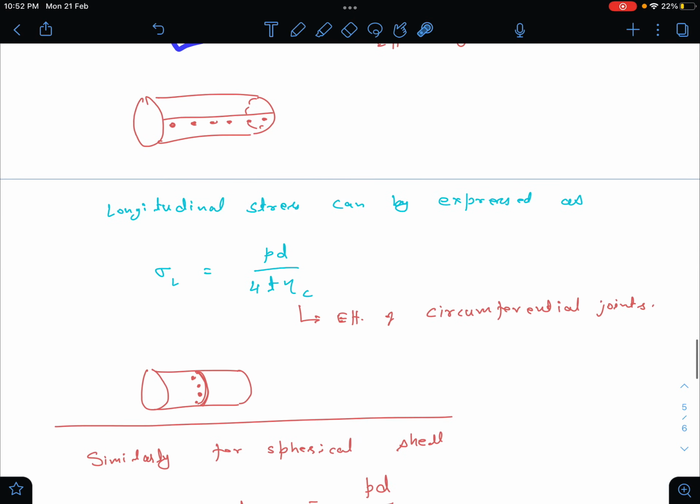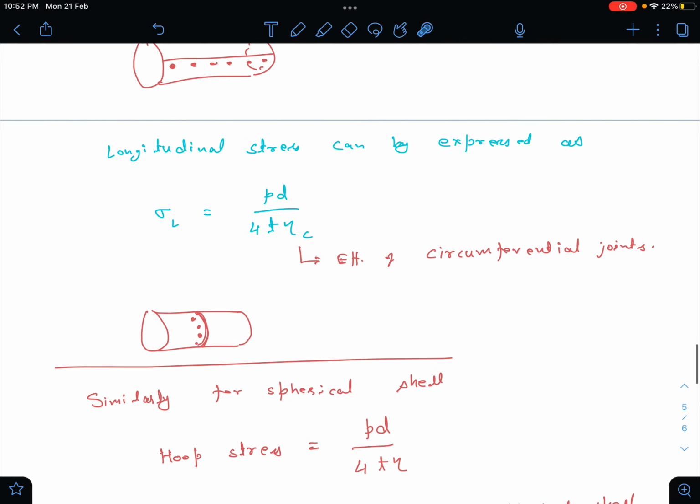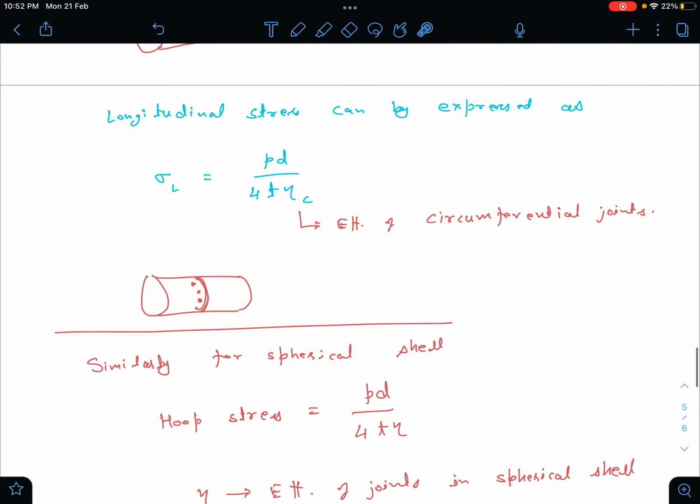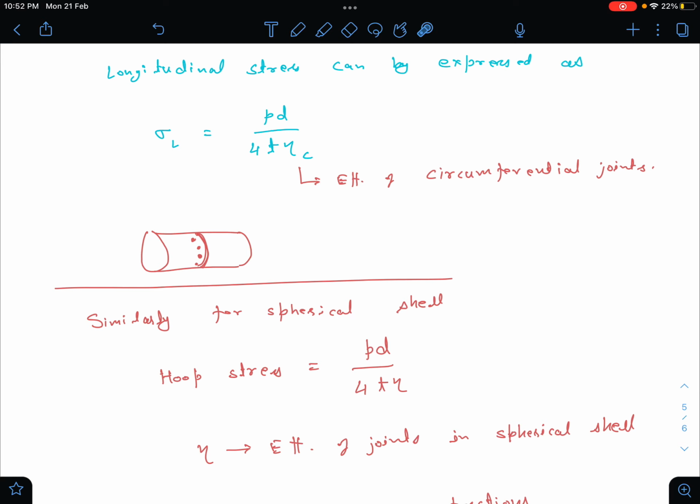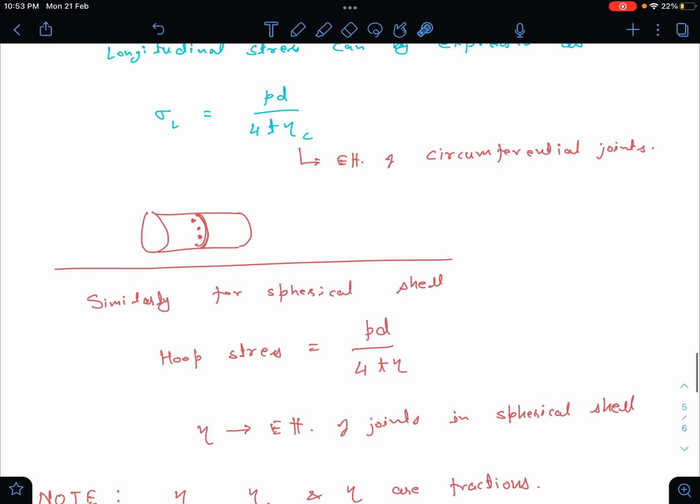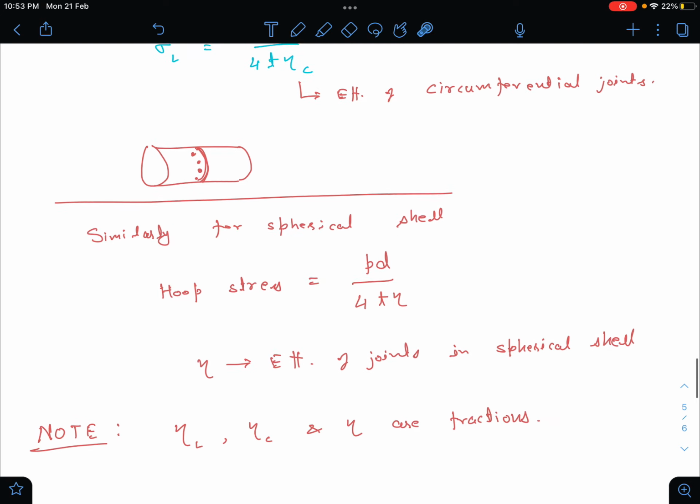Similarly, when the joint is like this, which we call circumferential joint, for this case the longitudinal stress would be modified according to this expression. It has to be divided by eta c, which is efficiency of circumferential joint. Okay, similarly for spherical shell we have hoop stress divided by efficiency of the joint in the spherical shell.